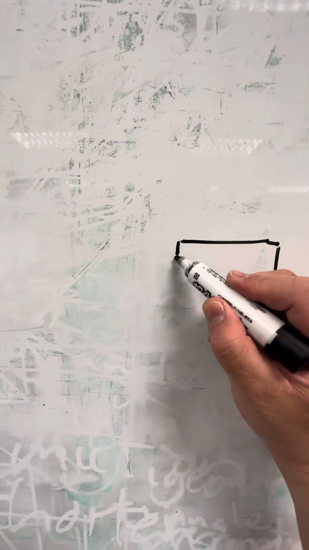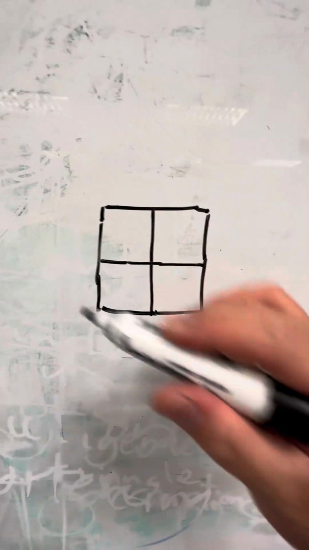Let's start with the little square again, and getting the guidelines there, very useful. When you draw, you can use guidelines with really light lines.